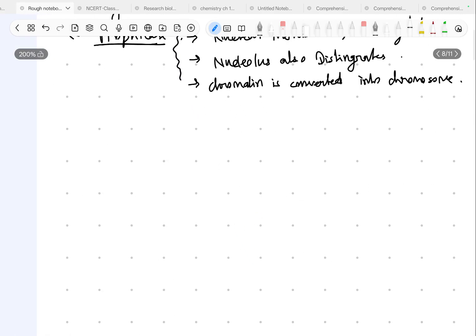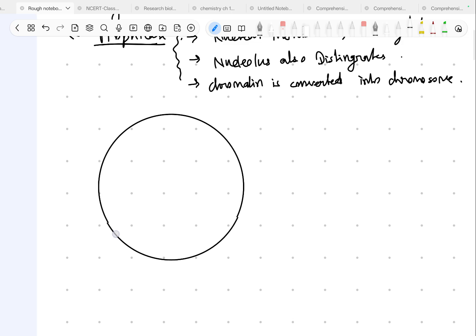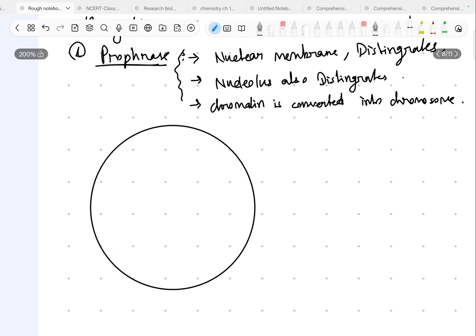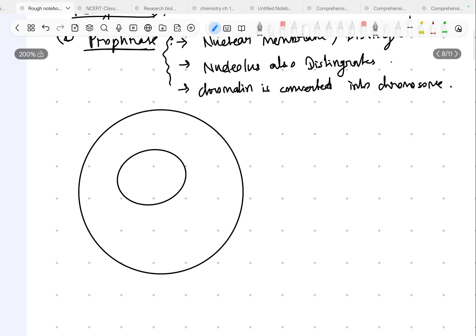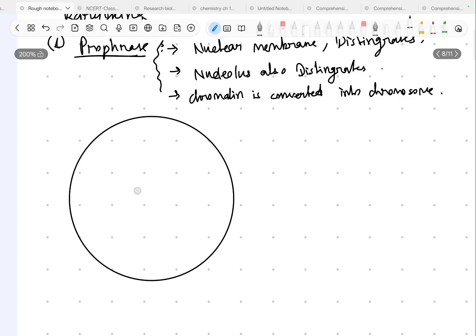So if I say this is a cell, you will see that it is having a nucleus. The nucleus will slowly disintegrate, pop out, and then the chromatin which you are seeing is not chromatin anymore.